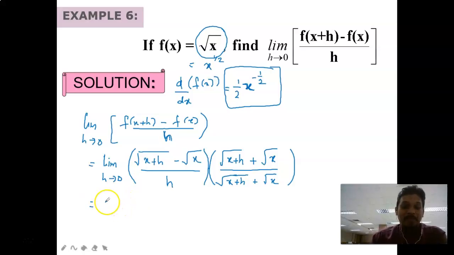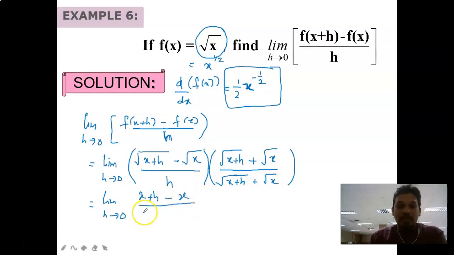Then, now the limit as h approaches 0, the square root of x plus h multiplied by the square root of x plus h gives x plus h. Because it's a conjugate, this is a conjugate of the term here, of the numerator, we can simply simplify this as a negative times positive is negative, then the square root of x multiplied by the square root of x equals x.